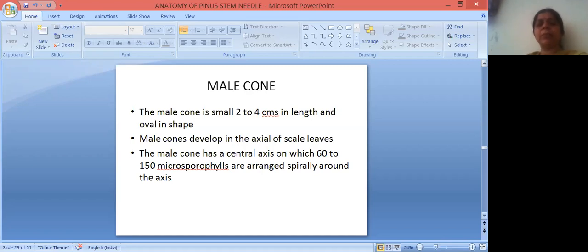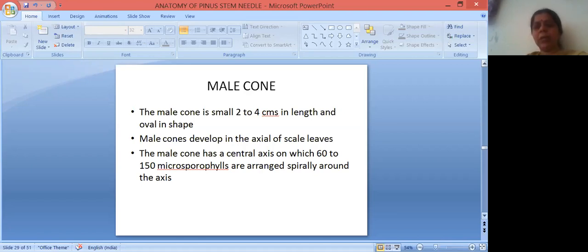Like that, each male cone is a compound, compact, tight, brown-colored structure made up of microsporophylls, and the microsporophylls are coiled or spirally arranged on the central axis and they form the male cone.